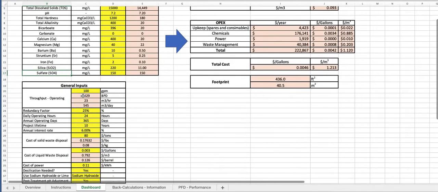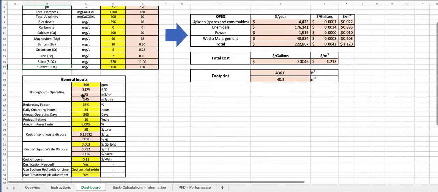In addition to chemical softening, this tool will also enable you to calculate what you need to do in terms of desilication using MagOx.